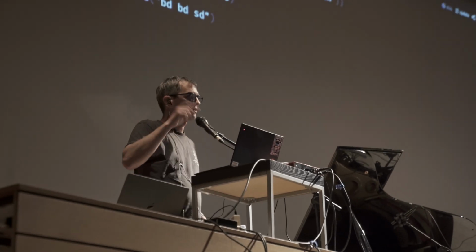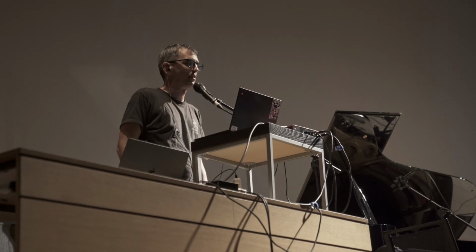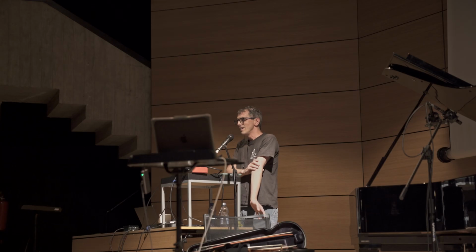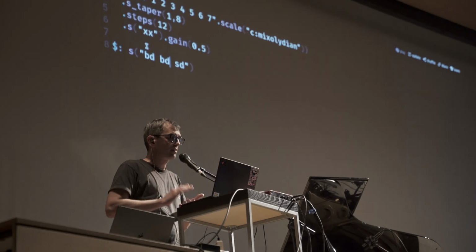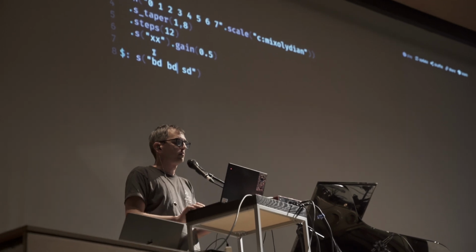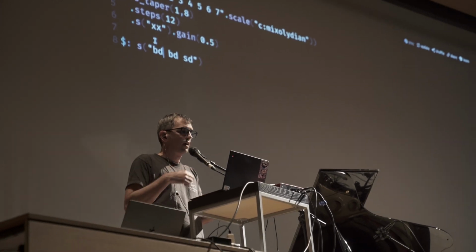So 8 plus 7 plus 6 plus 5 plus 4 plus 3 plus 2 plus 1 is 36, I think, which is divisible by a whole lot of numbers, including 12. So if I've got this 3-step tala with 4 beats per step, then it's hopefully going to work. Let's see.